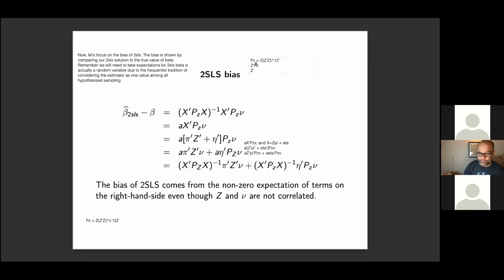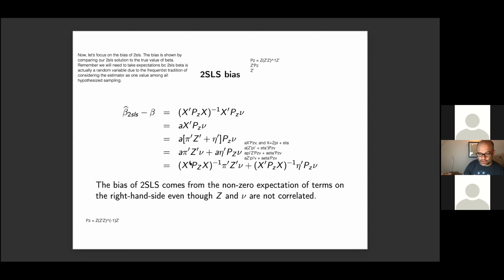I get Z prime, which is what I have here. Let's go through this again. I get A Z prime pi prime V plus A eta prime PZ V.